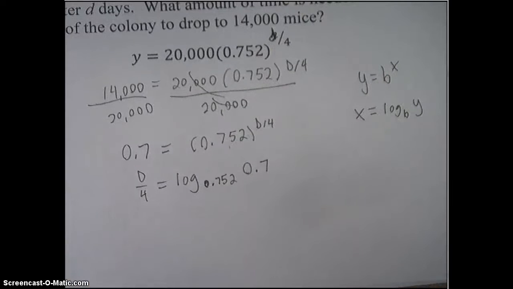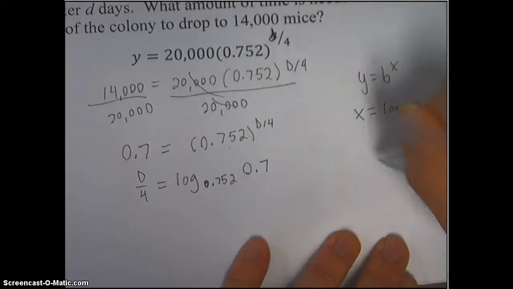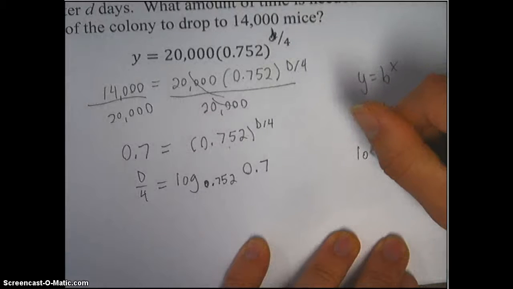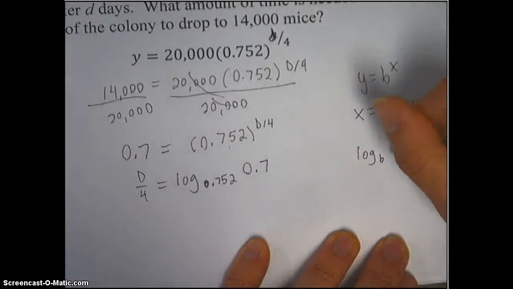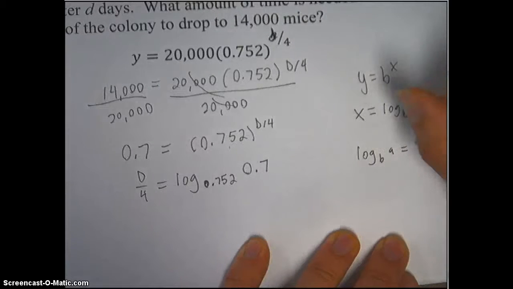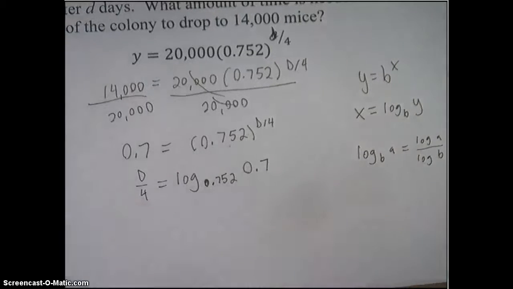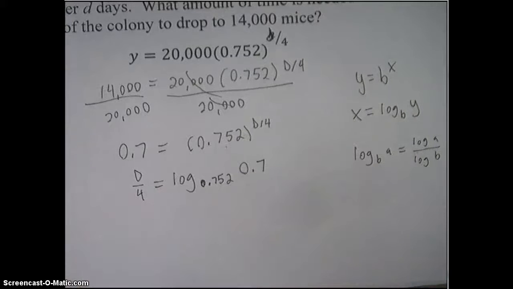So you might be asking yourself, how does that help me? But remember the other rule that I'm going to write over here. Log base b of a equals log of a divided by log of b. And that's just a little way to help you remember what to type into the calculator.